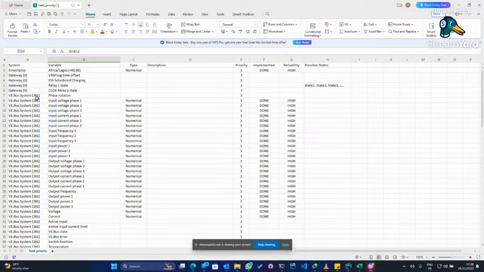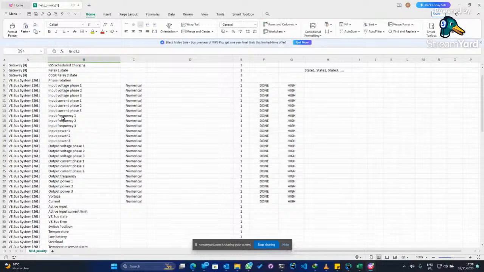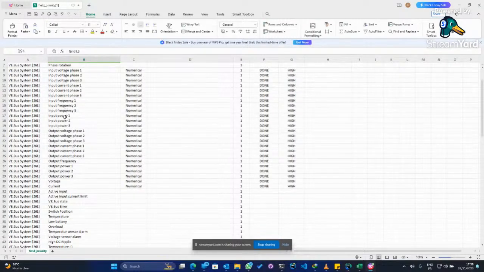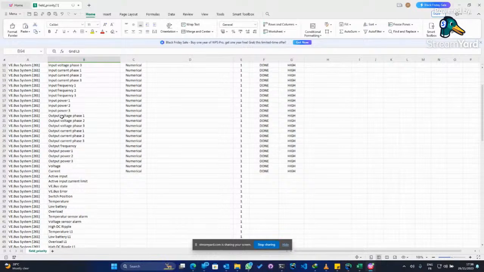So for the VE.Bus system, as I mentioned, you have the input voltage, the input current, the input frequency, the input power, the output voltage, the output current, and then the output frequency. Now, as I mentioned before, whenever you see one, two, and three, it refers to a specific phase of the inverter.